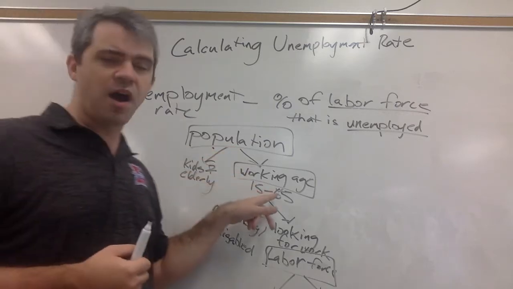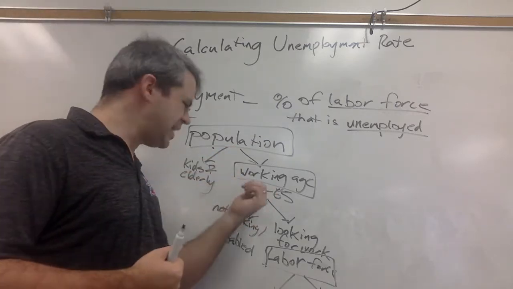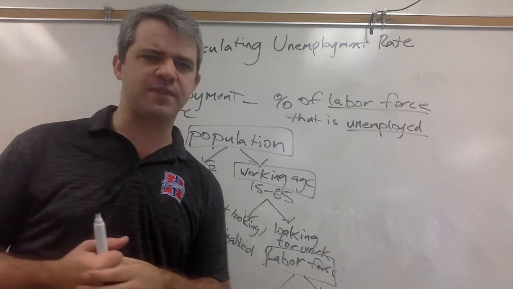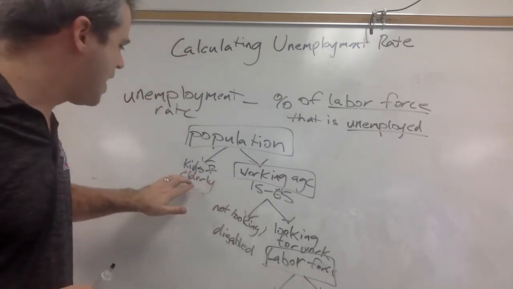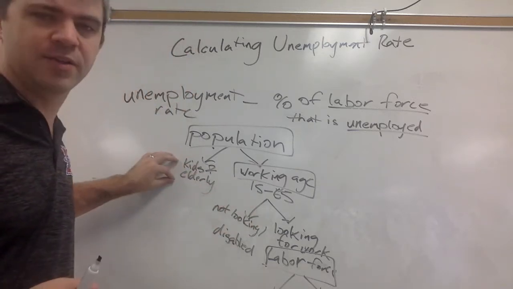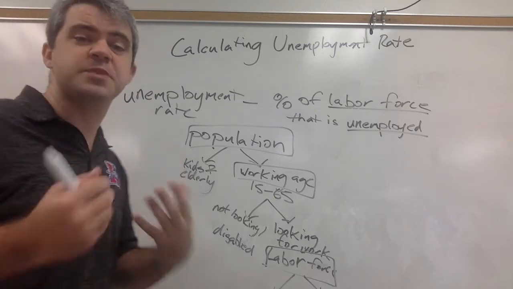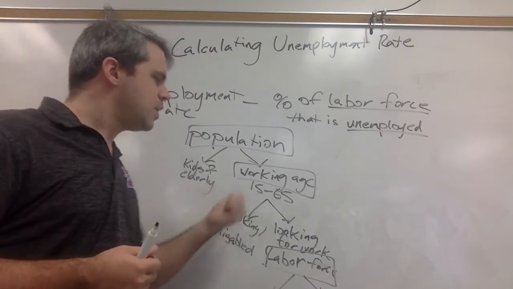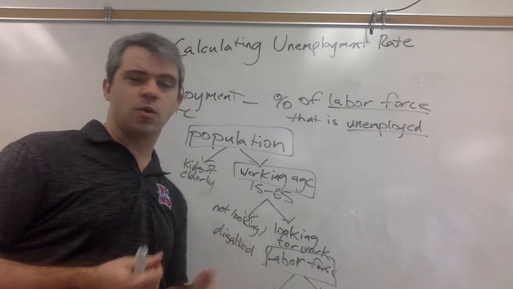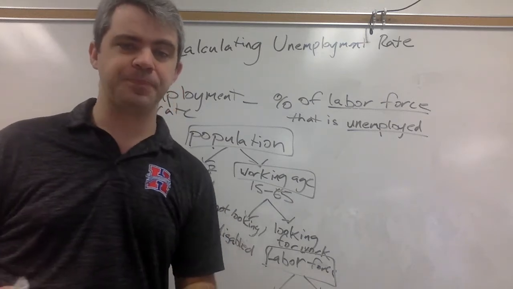So we've got our working age population, which I believe is 15 to 65. I'll double check that later. And then we've got our kids and our elderly over here, so we're not really expecting them to be working. We do expect people in this category potentially to be working.